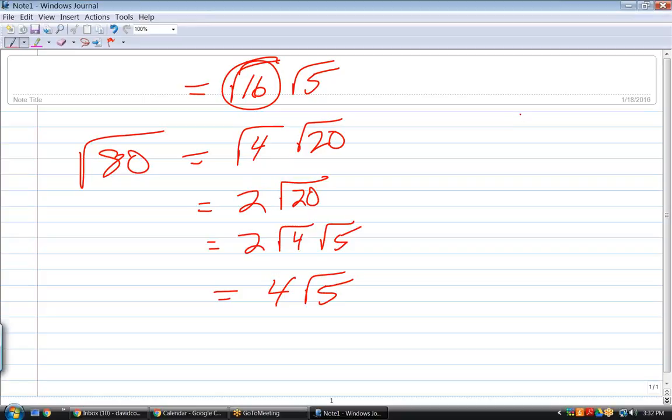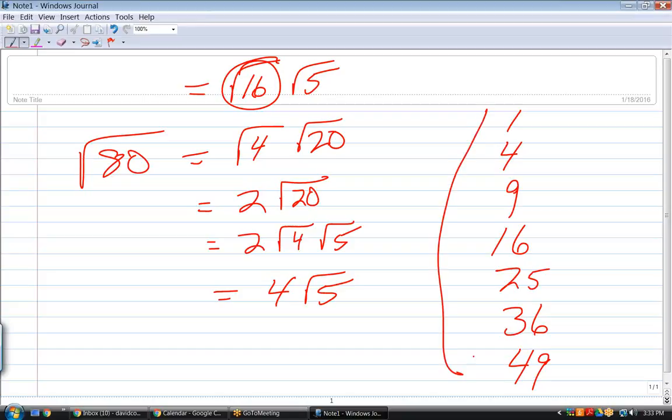So a really good list to memorize are these set of numbers right here. What are those? Those are your perfect square numbers. So whenever you're looking to factor whatever number you have inside the radical sign, start by trying those numbers.